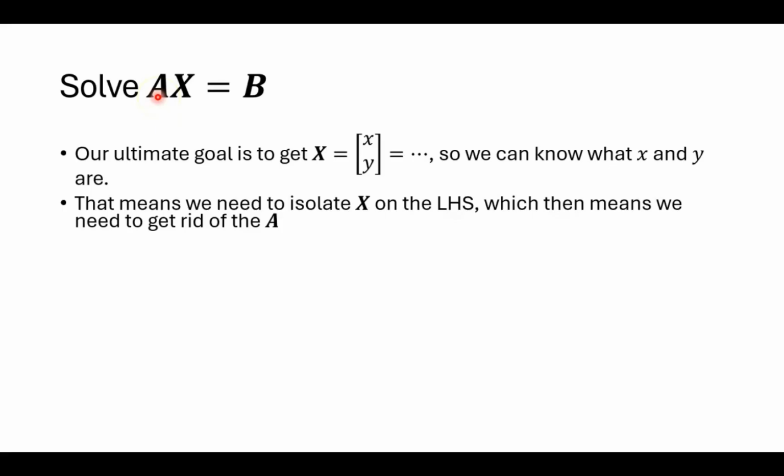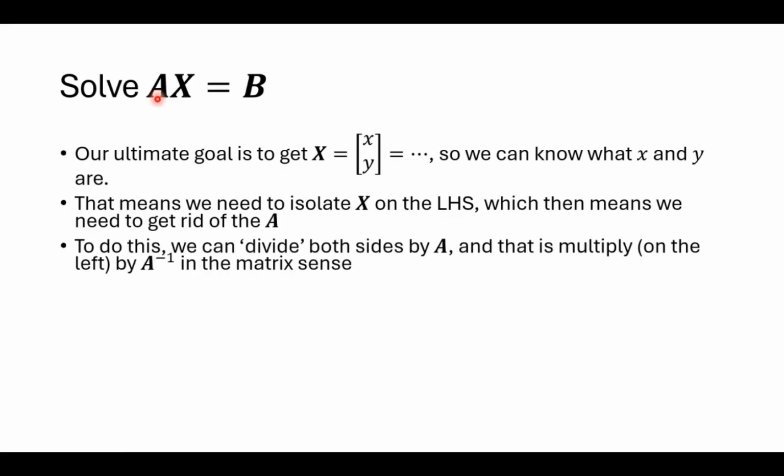If you remember in your normal algebra, if you have ax equals b, what you'll do is divide by a on the other side, so you can have x on the left hand side alone. But in the matrix world, it's a bit different, at least in its jargon. You need to multiply on the left by A inverse in the matrix sense, so you can get rid of the A. And this is actually very important.